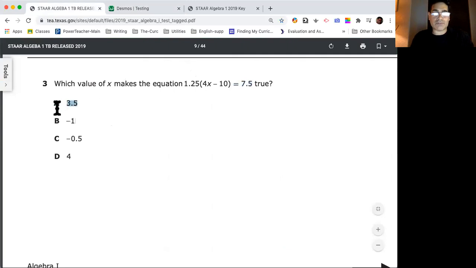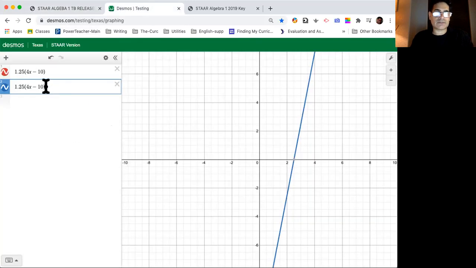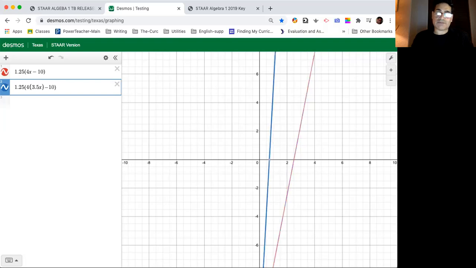So let's start with 3.5. I'll put that into my calculator. 4 times 3.5. Now I want you to get the students, or if you're a student, get into the practice of having these parentheses in there. I made a mistake right there because I should have erased that x.